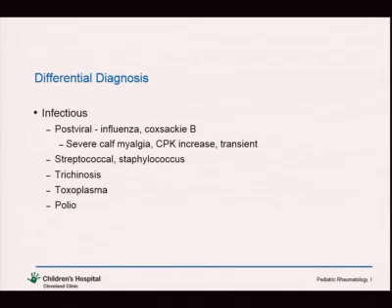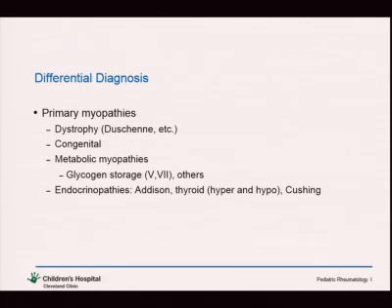In the differential, you're thinking about what infections or post-infections can cause a weakness and a certain rash distribution. Patients with calf myalgia, viral type symptoms, the systemic features of strep and staph, trichinosis, toxoplasmosis, polio. Also myopathy.